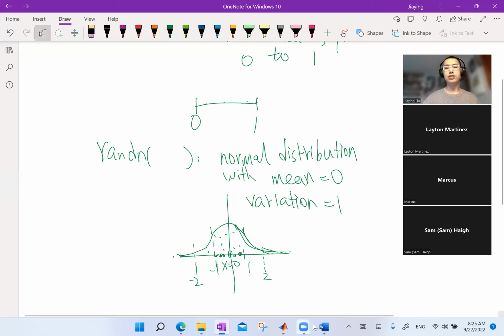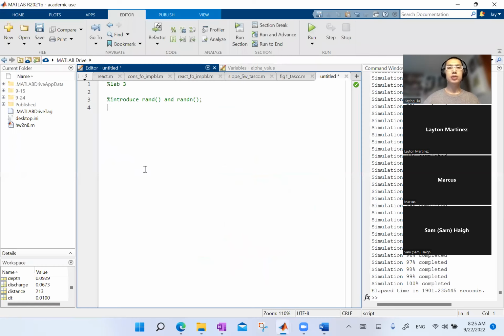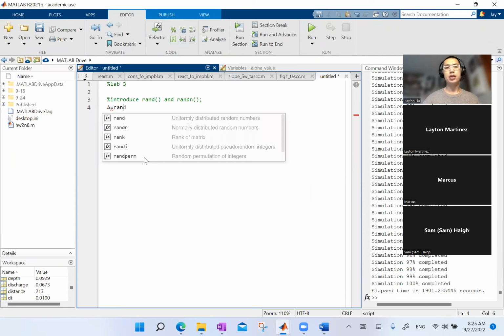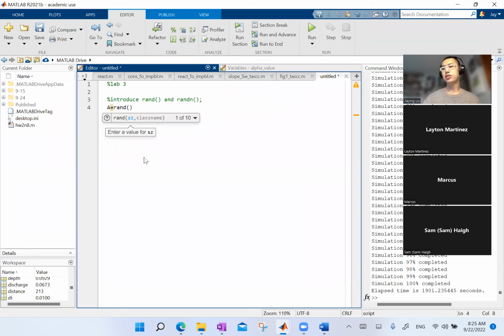So that's the difference. Let me give you an example. Let's say A is a vector equals rand of 1, 100. This means one row, 100 columns, and that will be my vector.